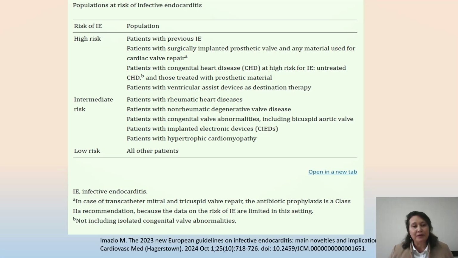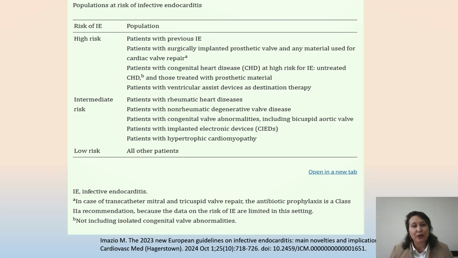Again, for these patients, for prophylaxis of infective endocarditis, we recommend general measures and antibiotics. In case of intermediate risk, who are these patients?